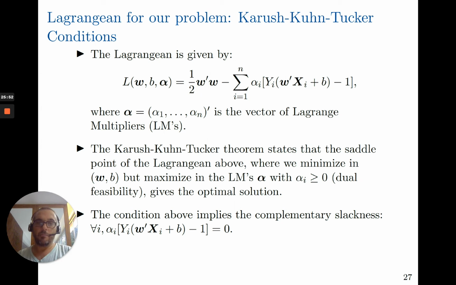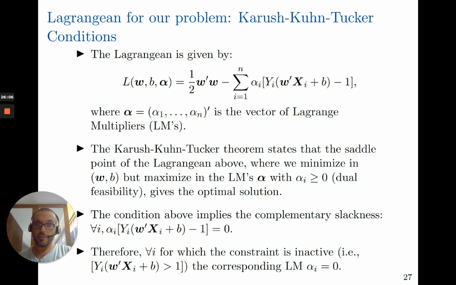This will imply complementary slackness: for every sample point i, alpha i times the restriction will be equal to 0. So for every point where the constraint is inactive, such that y times the linear function is larger than 1, the corresponding Lagrange multiplier alpha i is equal to 0.